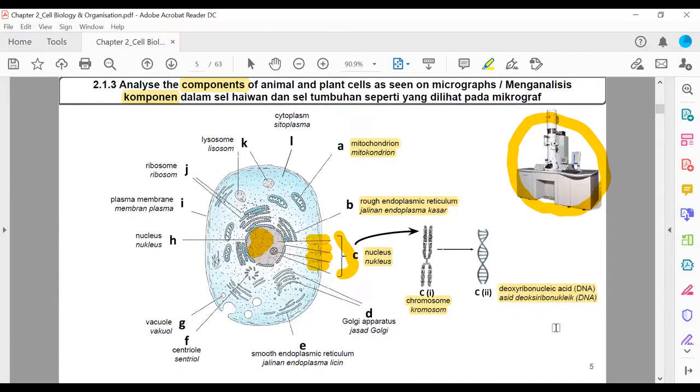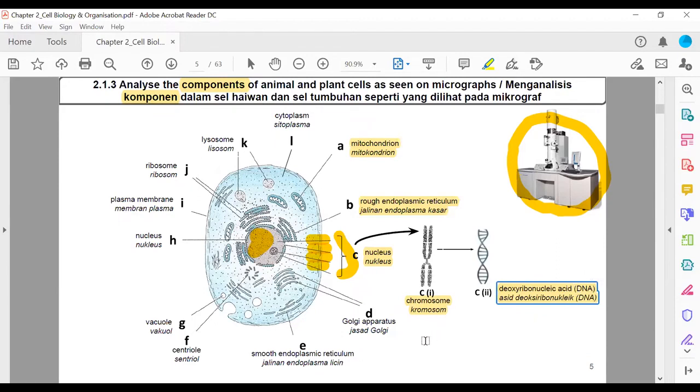So dalam nukleus ada satu struktur yang dipanggil sebagai kromosom, dan kromosom bawa DNA. So this is what the chromosome inside the nucleus carries.